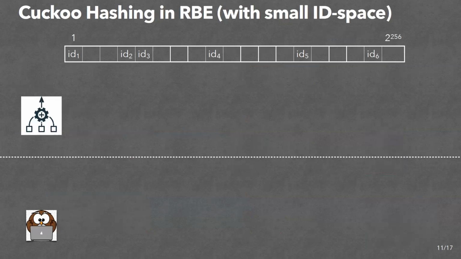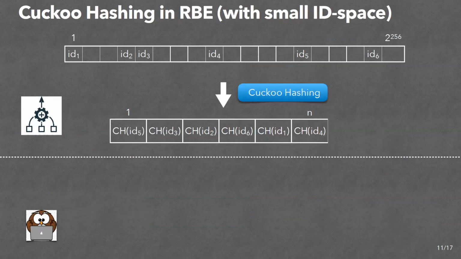If we were to apply this for our compiler, basically what we would do is take the identities from the large identity space, map them to a small identity space with cuckoo hashing, and use the RBE for small identities in order to generate the public parameters. And then the question is, how do we encrypt? Because the encryptor doesn't actually know how the table looks like. The encryptor only knows the compressed public parameters.